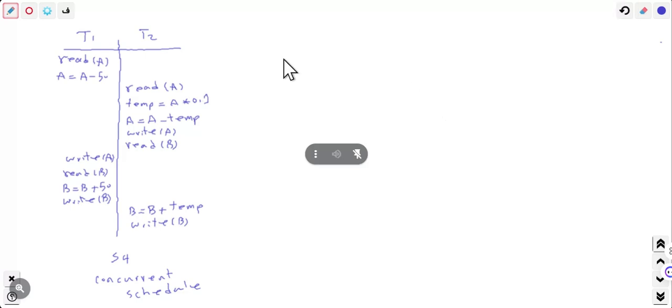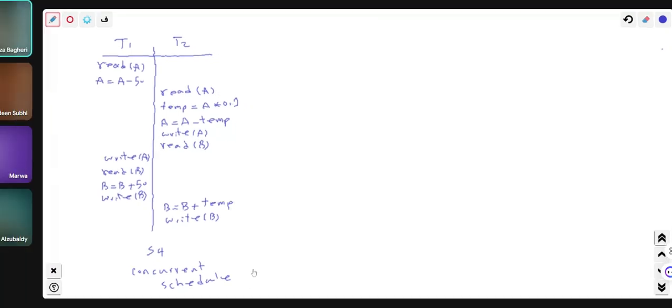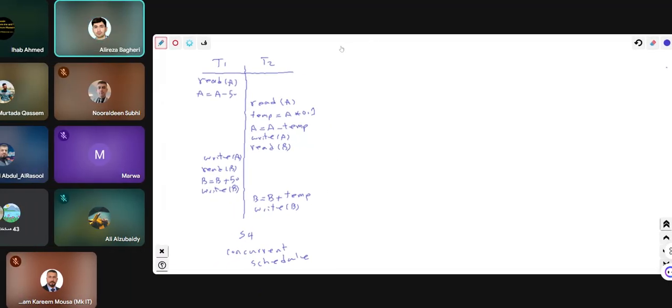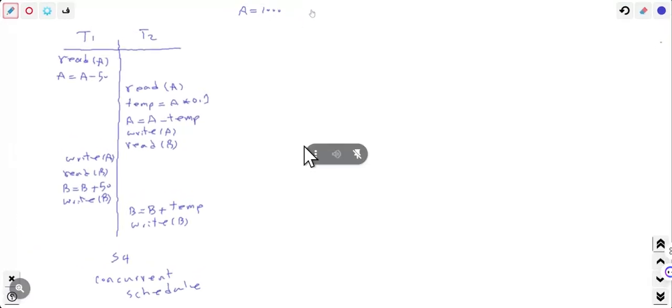Okay, let's continue. This schedule S4 is another concurrent schedule. Let's check if this schedule is consistent. At first, suppose A is 1000, B is 2000, and A plus B at first is 3000.